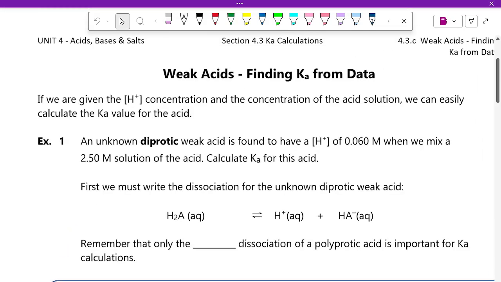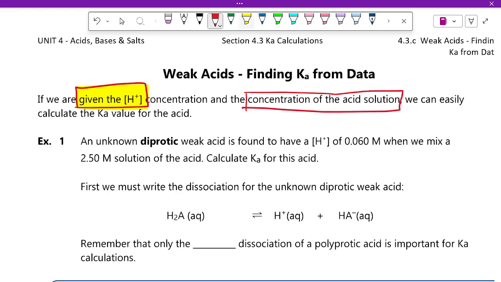If we are given the hydrogen ion concentration and we are given the concentration of the acid solution, then we can find the Ka value. Our unknown becomes the Ka rather than the hydrogen ion concentration.